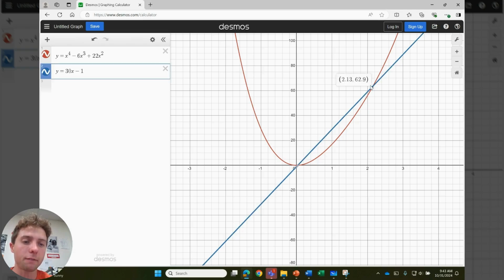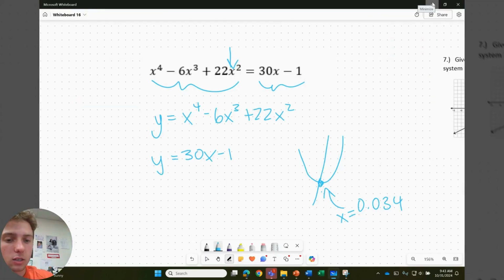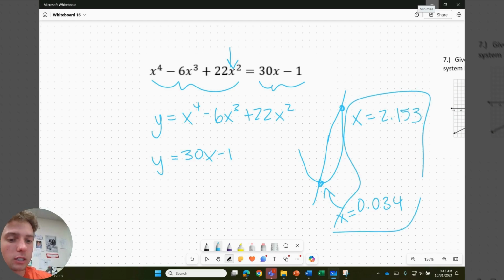Notice now our graph does touch a second time. It touches or crosses here as well, where the x value is also 2.153. So we find there's a second intersection where x is 2.153. You do get two solutions. Those are both of the values for our solution.